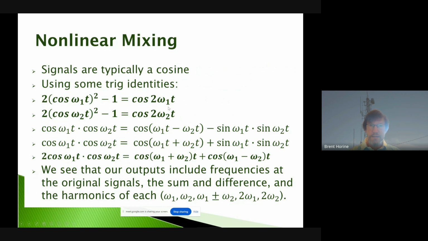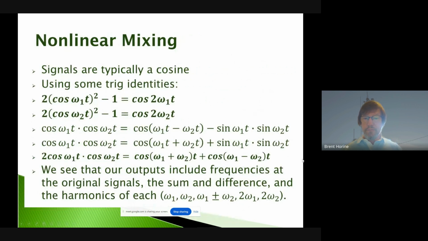So we've got these 2 omega 1 and 2 omega 2 and so on. So we can write that out like this. And we've done some simplifications here. We stopped at the second order. We didn't consider that maybe this signal might mix with that signal and so on. So we're only looking at that first order of this nonlinear operation between these two input signals.